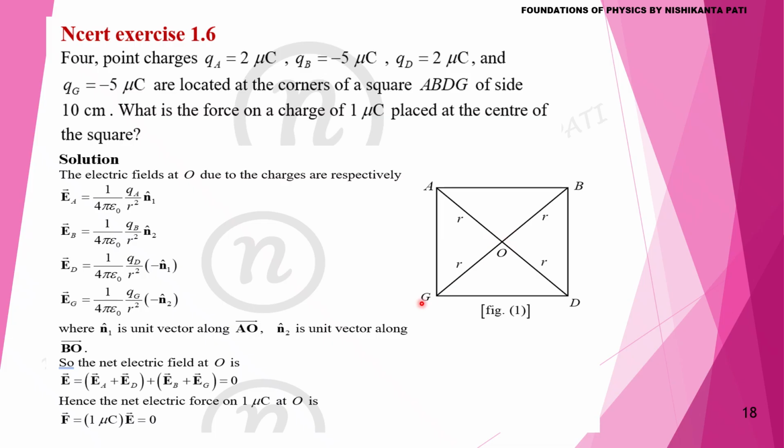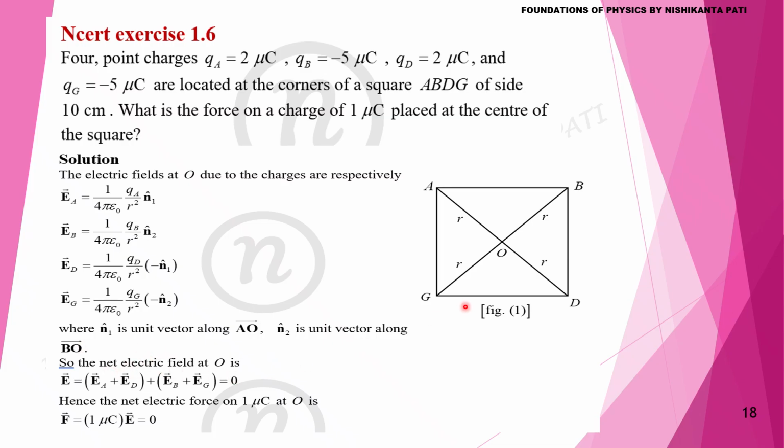The electric field at O due to QG is 1 by 4 pi epsilon 0, QG by R square. We need the unit vector along GO vector, which is obviously minus n1 cap minus n2 cap. So all the unit vectors are mentioned here.